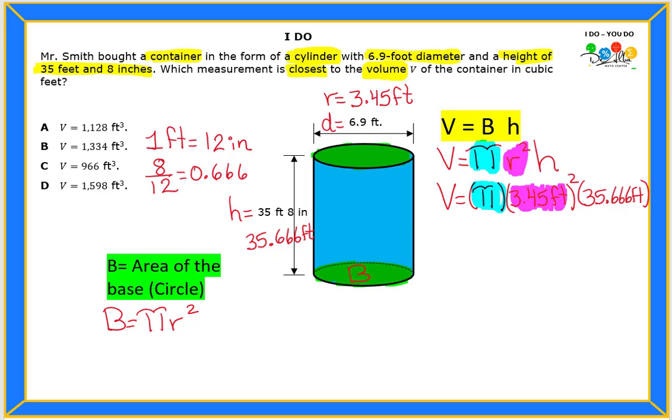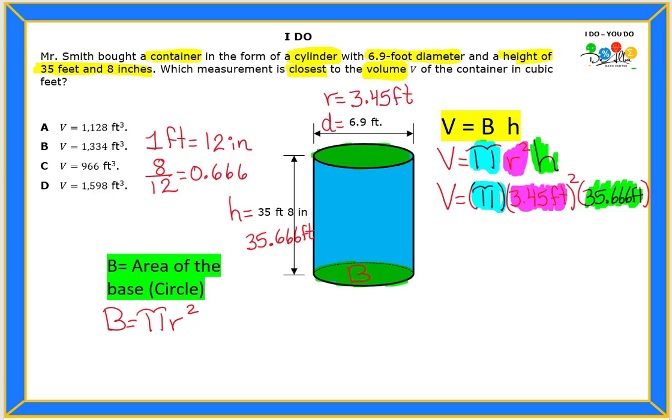And my height now is going to be 35.666. Okay, so notice how each one of those components in the formula is replaced by one value, but in the pi, I'm going to leave pi alone, right?